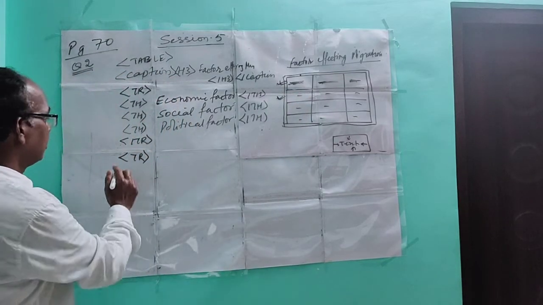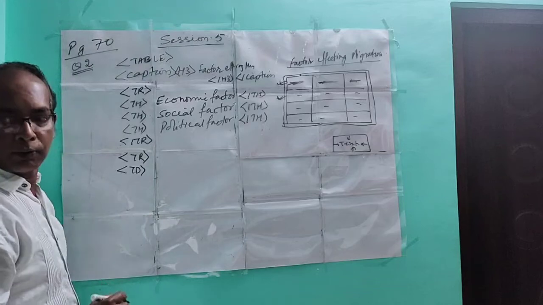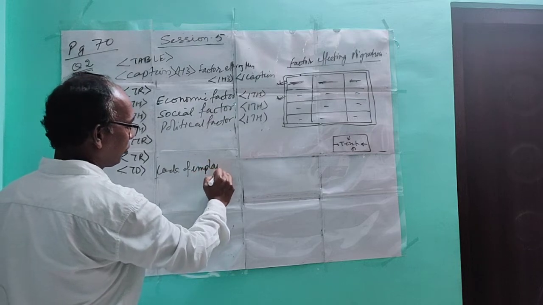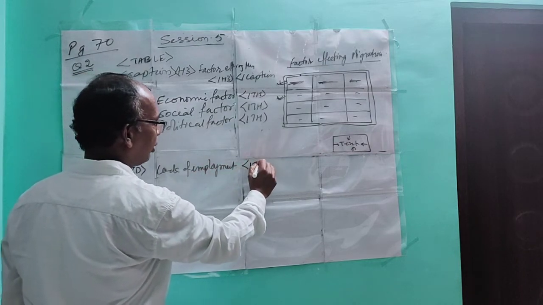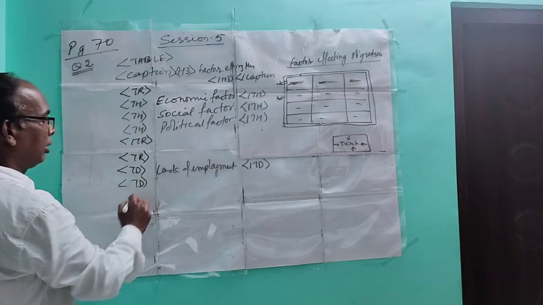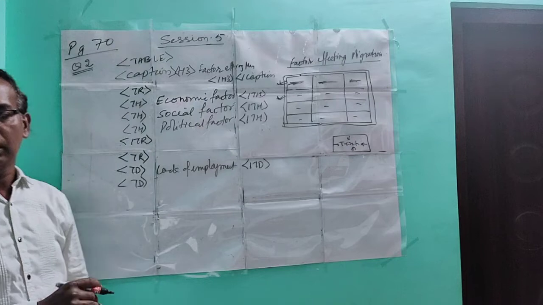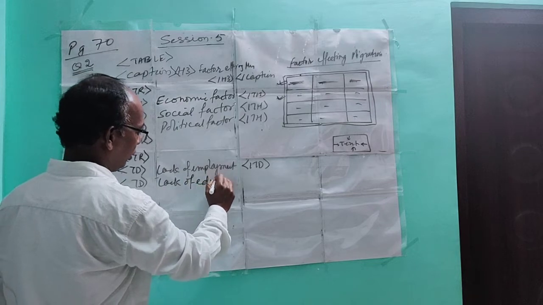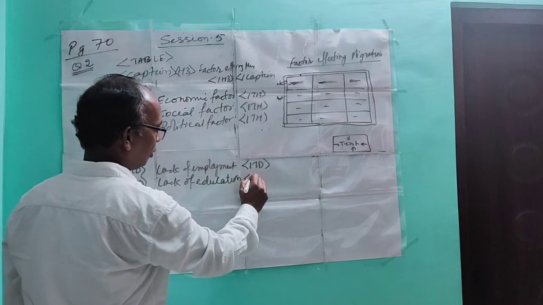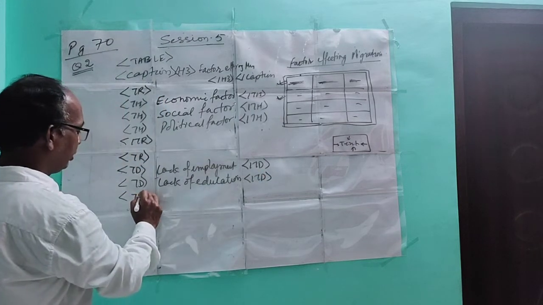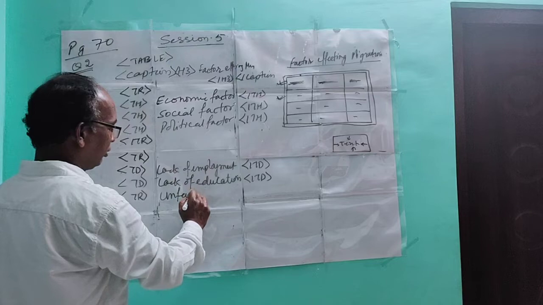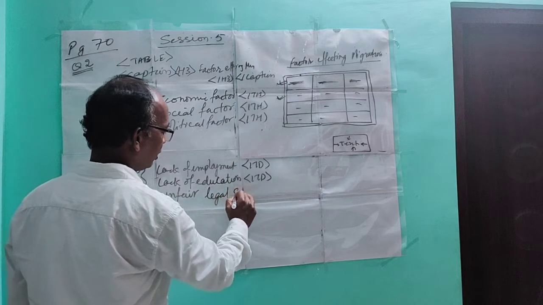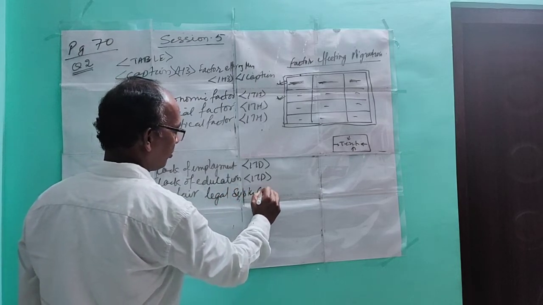For the second row, again we start TR. This is the first row and this is the second row. The data are TD, lack of employment, then TD close; TD lack of education, TD close; then TD unfair legal system, then TD close.